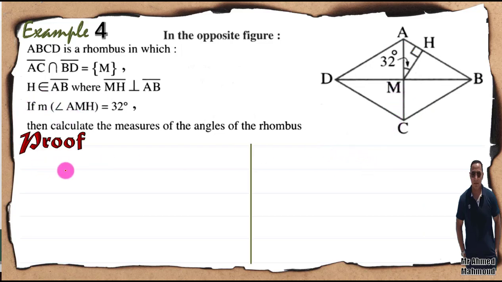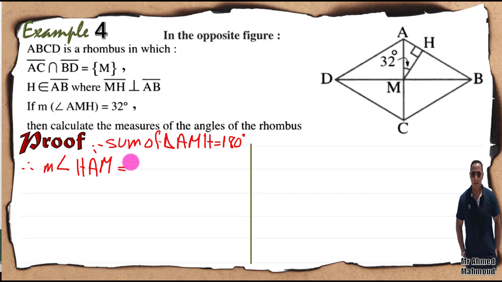Now, since the sum of the angles of triangle AMH equals 180 degrees, therefore the measure of angle HAM equals 180 degrees minus (90 plus 32), which equals 58 degrees.